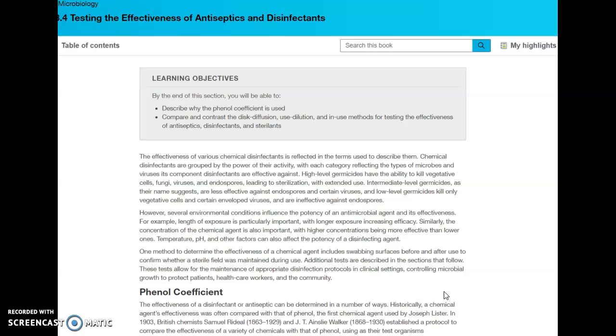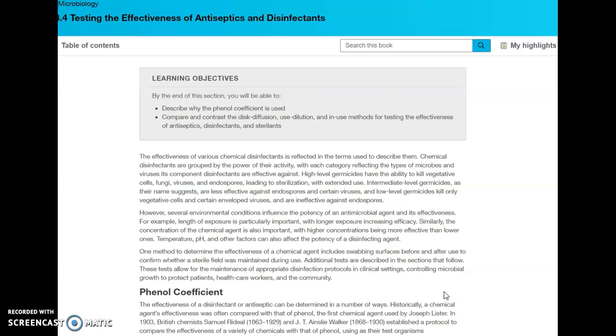We can use several different methods to determine the effectiveness of antiseptics and disinfectants. And the best way that we can do this is really by putting those to the test in the field, essentially an in-use test of what they would really be up against in terms of the environmental conditions.